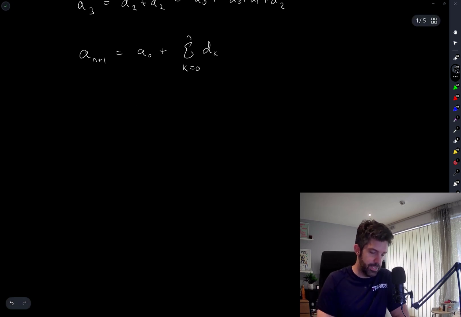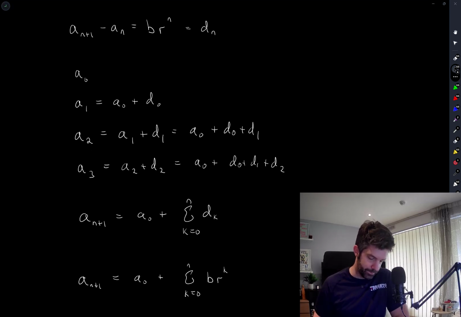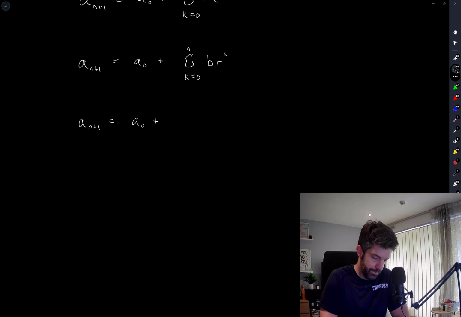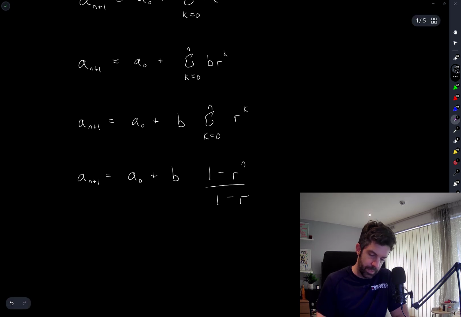Okay, so I'm just going to continue with this here. The only thing I'm not sure about here is I can never remember if this should be an n or an n plus 1. I think in this case it is n because I'm starting at the index of 0.